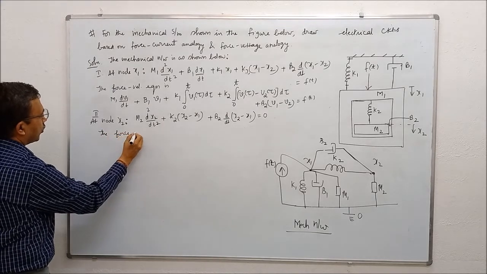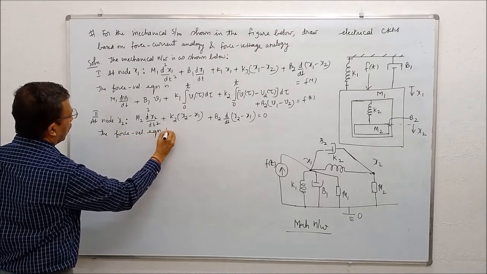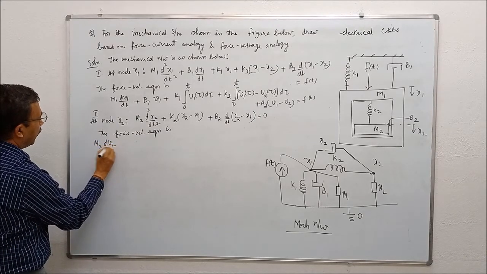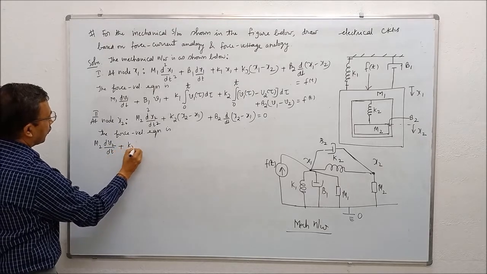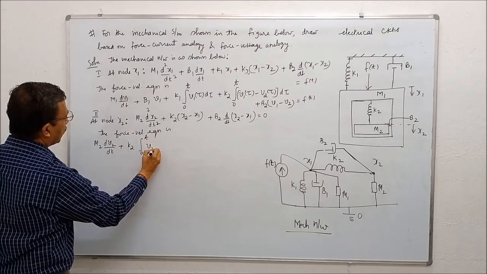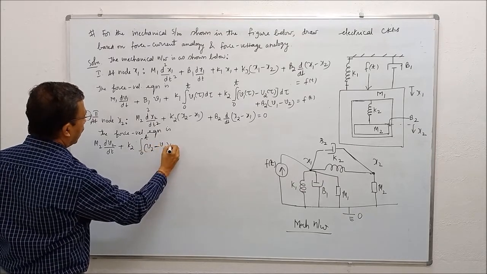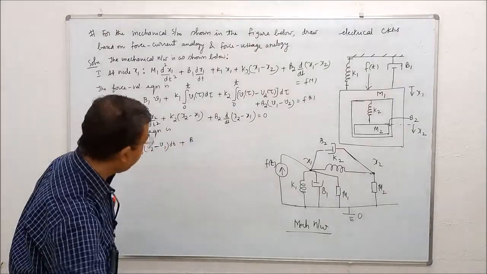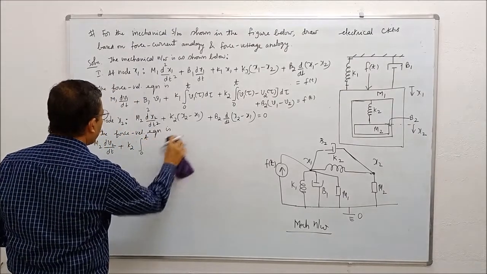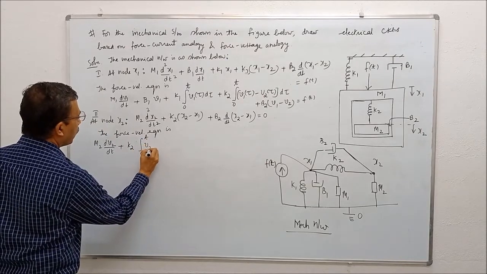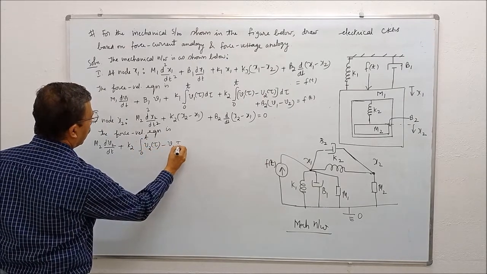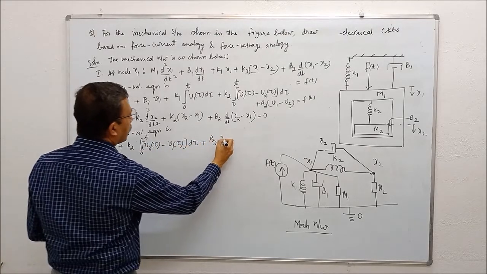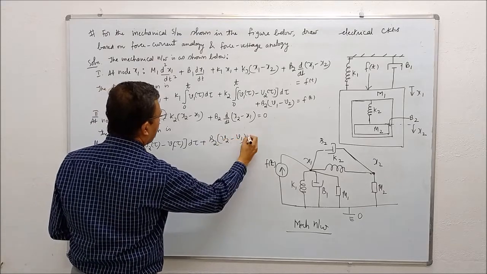The force velocity equation is M2 into dv2 by dt plus K2 integral 0 to t v2 of tau minus v1 of tau d tau plus B2 into v2 minus v1 equal to 0.